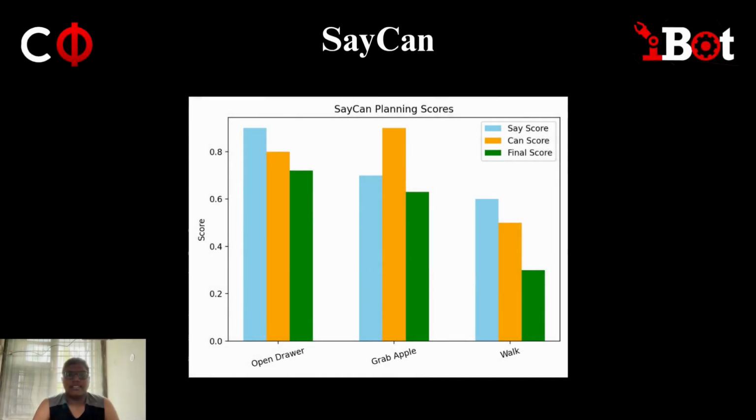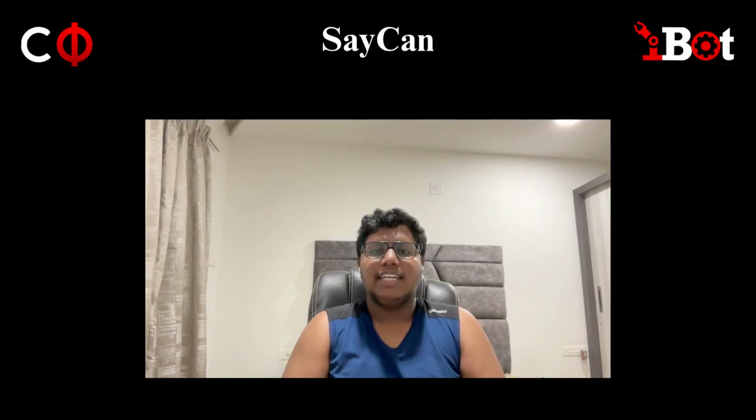The LLM is typically a frozen large model like GPT-3, which provides general world knowledge and language understanding. The affordance model is trained separately using reinforcement learning. It evaluates the Q values of candidate skills in the context. This allows the system to generalize across instructions without needing to retrain the robot for every new task.